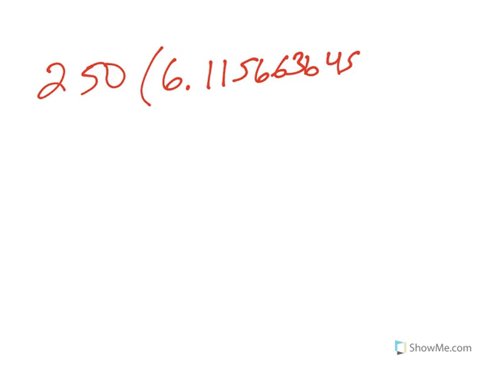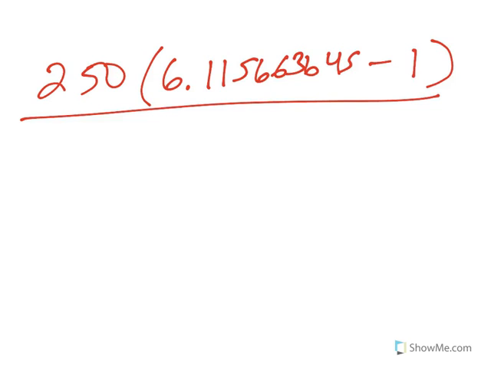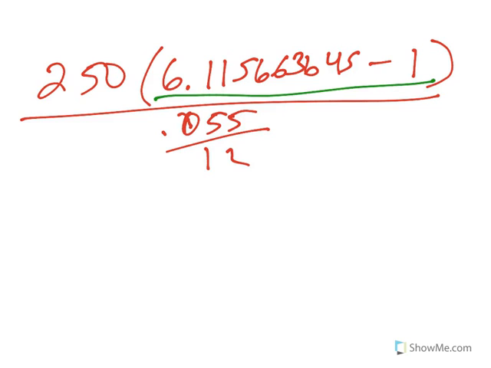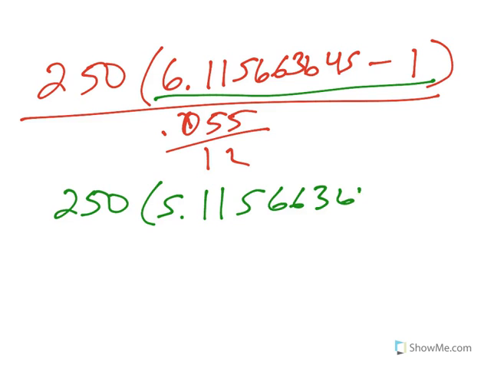Now we have 250, parentheses, 6.115663645, and so on, minus 1, all over 0.055 over 12. We're still inside the parentheses, so let's subtract 1. Now I have 250 times 5.115663645.